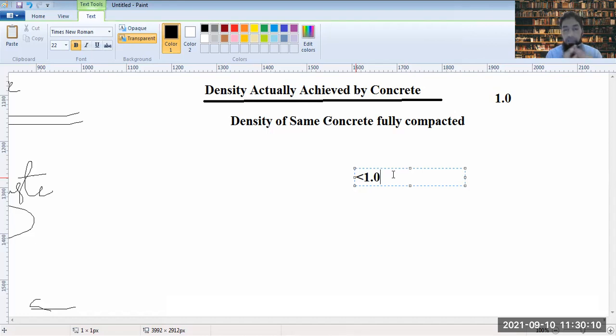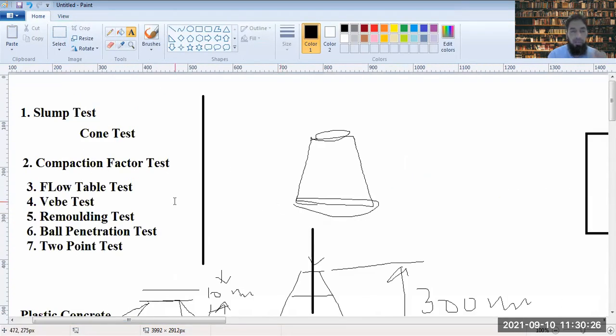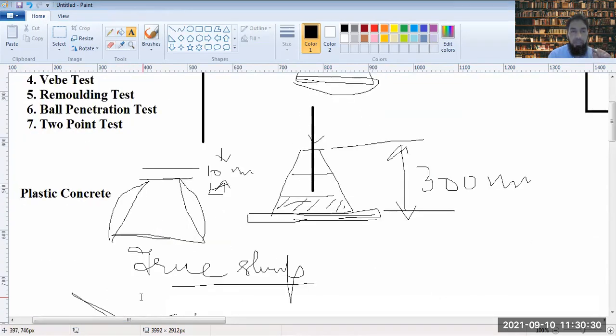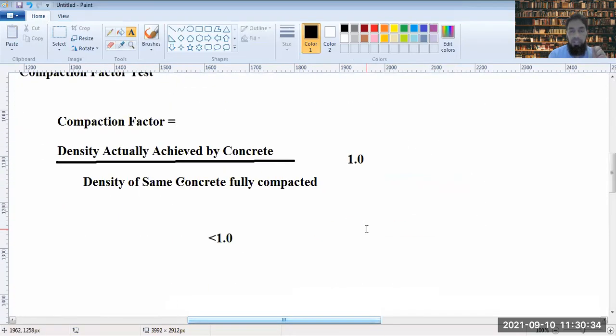So this is a better way of checking workability in qualitative terms, which is workable and which is not. This test gives a better picture of that. There are even more tests, such as the Vebe test. I'll not go into them because they are used in special situations for determining workability.